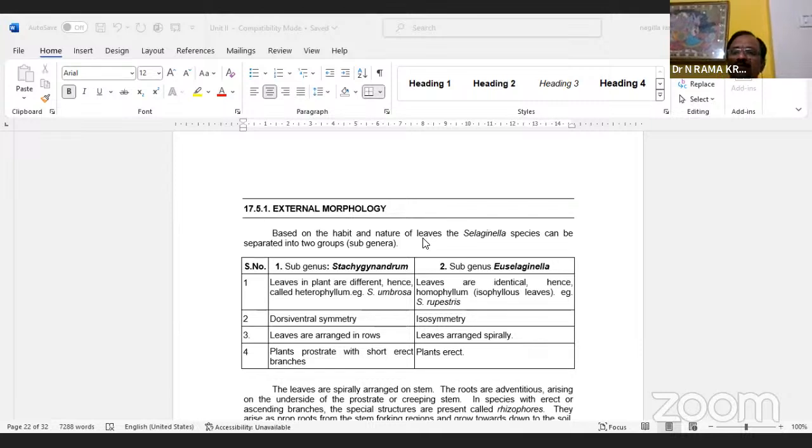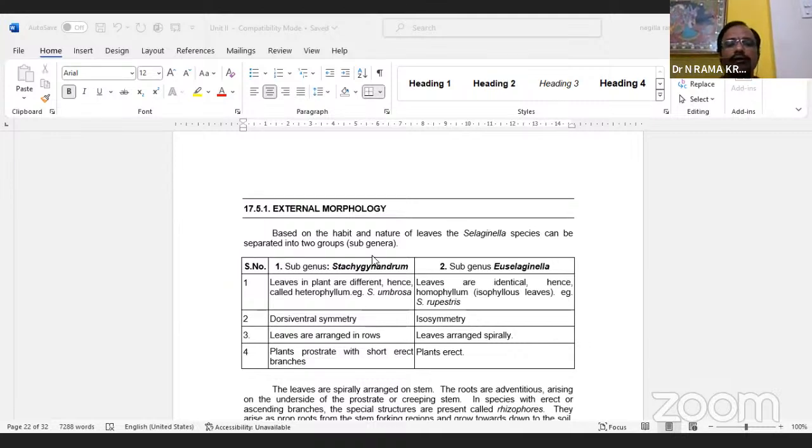How can we identify both? In the first one, Stachygynandrum, the leaves on the plant are different, hence it is called heterophyllous. The leaves are of different shapes.